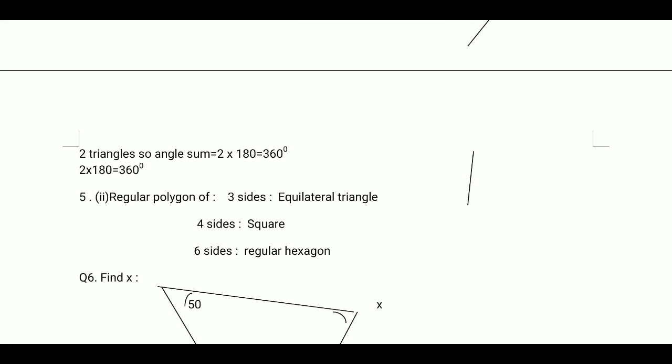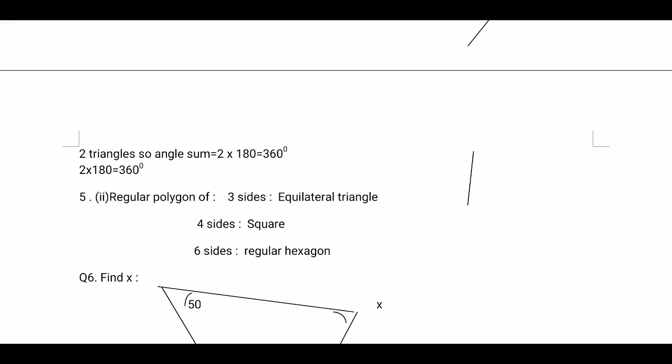And if we have to find the angle sum, we get two triangles in both the cases, in the convex quadrilateral as well as in the concave quadrilateral. So the angle sum of the interior angles will be equal to 2 into 180 degrees, that will give you 360 degrees in both the cases.